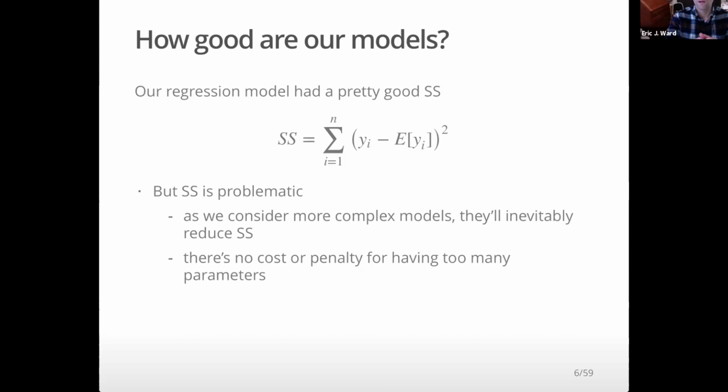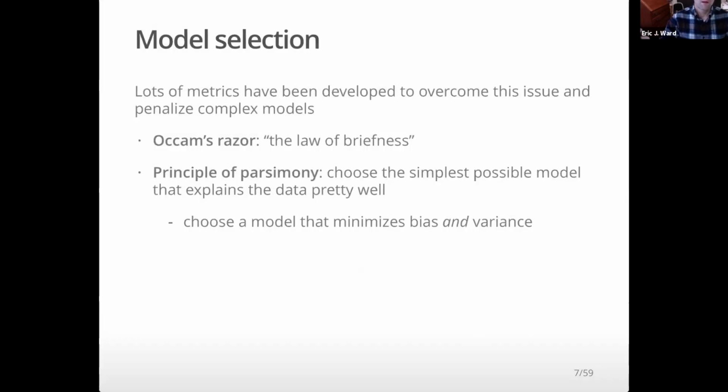The more parameters you add, that's just going to keep getting better and better. So we need to have some penalty for adding too many variables when we're doing those kinds of model selection exercises. And that's where these ideas, which people refer to as Occam's razor, or the principle of parsimony, come in. The principle of parsimony being choosing the simplest possible model that does a pretty good job at explaining the data that we have in hand.